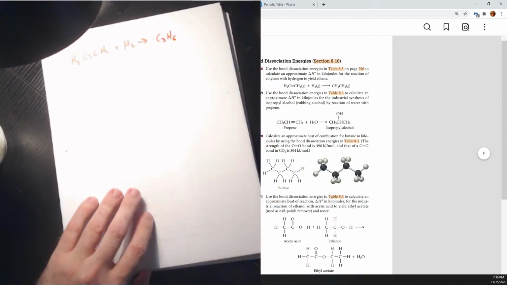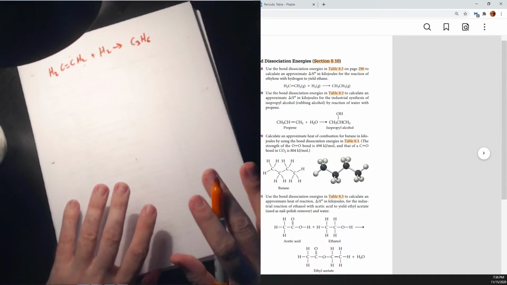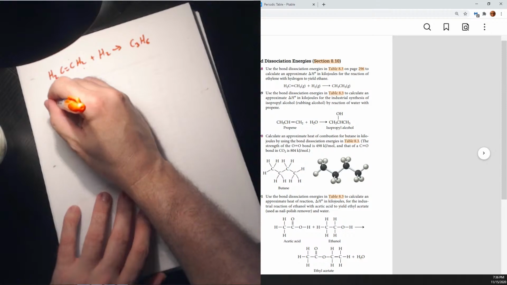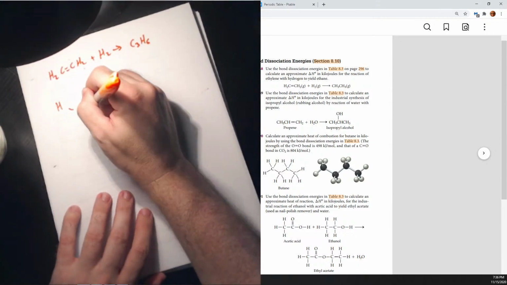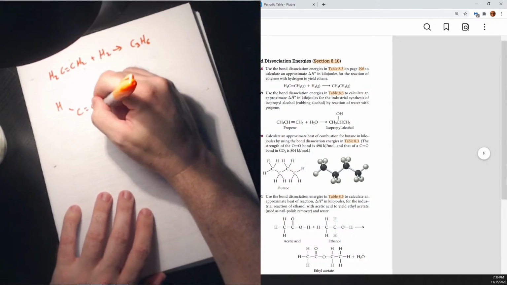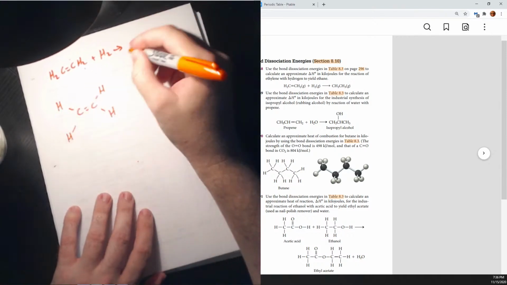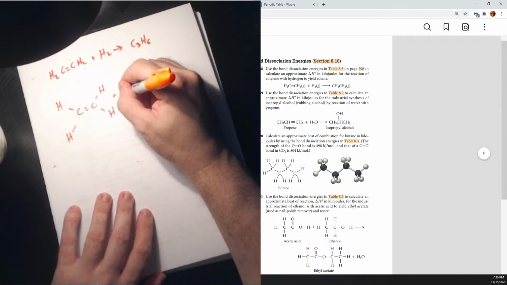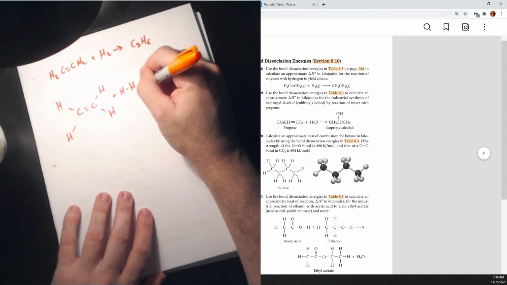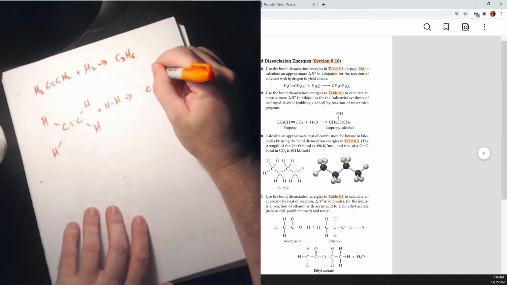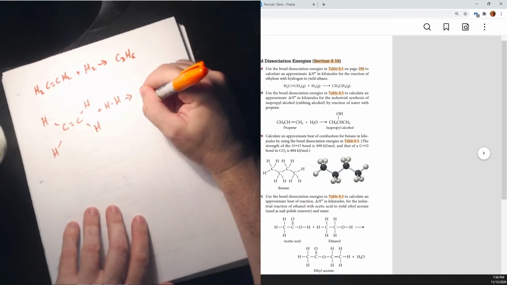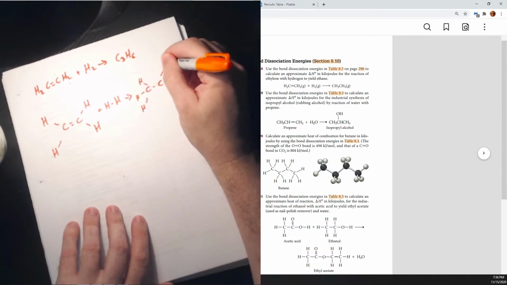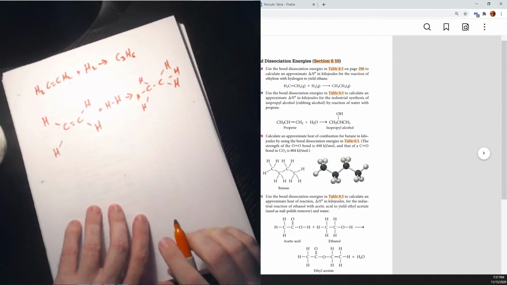Okay, so like I said in class, I really recommend that you draw out Lewis structures for these, because ethylene, or ethene, looks like that, and then we have a hydrogen molecule, and then we're going to see ethane.